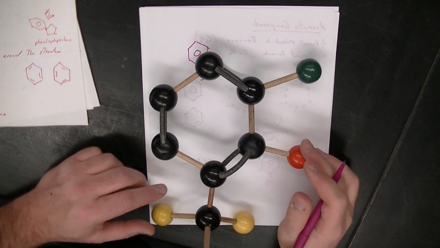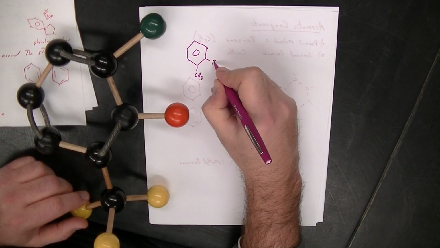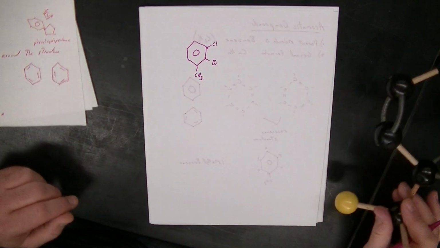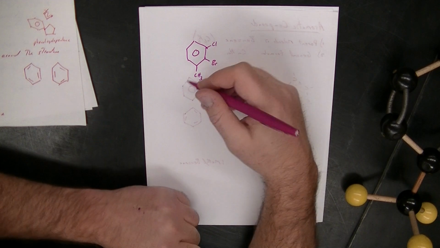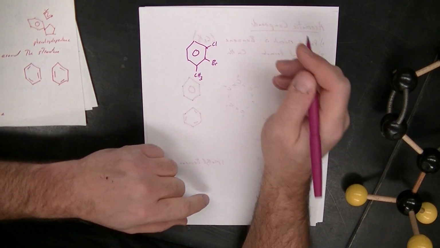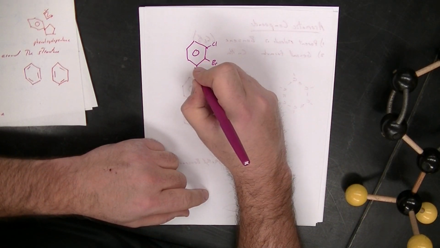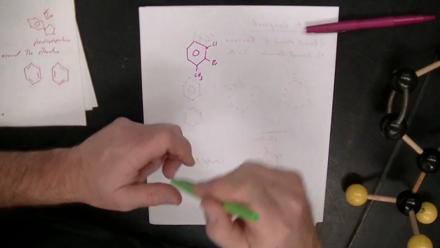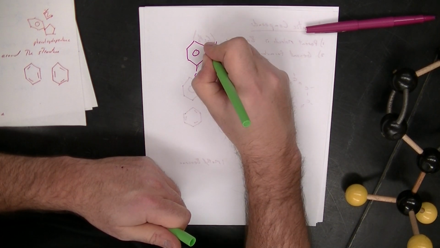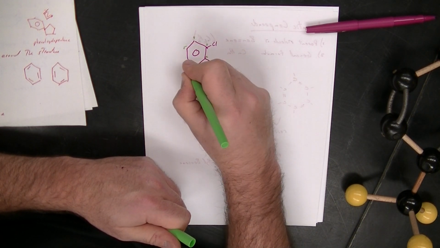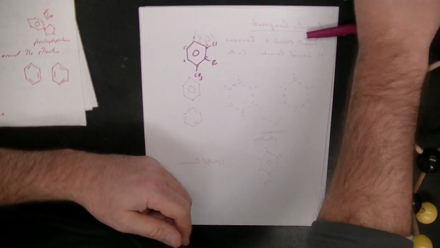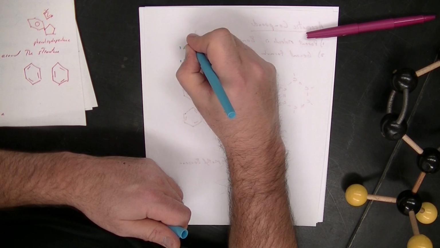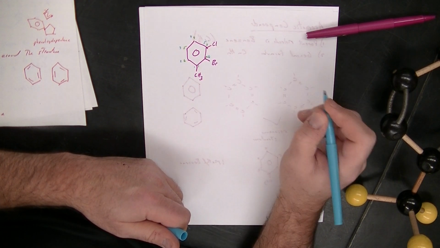Then the bromine is coming off of here, and then we have a chlorine here. The very first thing we have to do is number. We could number this 1, 2, 3, 4, 5, 6, going one way, or you could number it 1, 2, 3, 4, 5, 6 the other way.